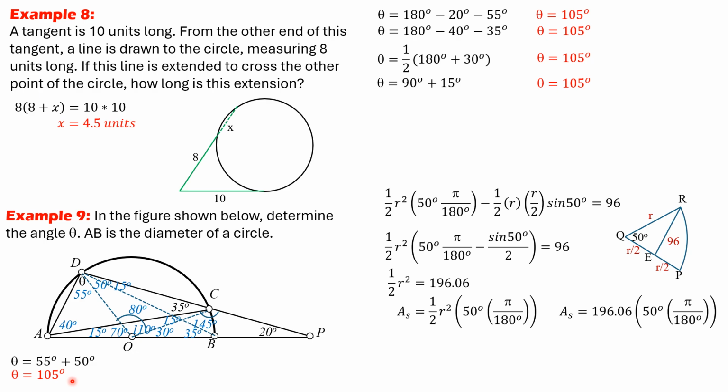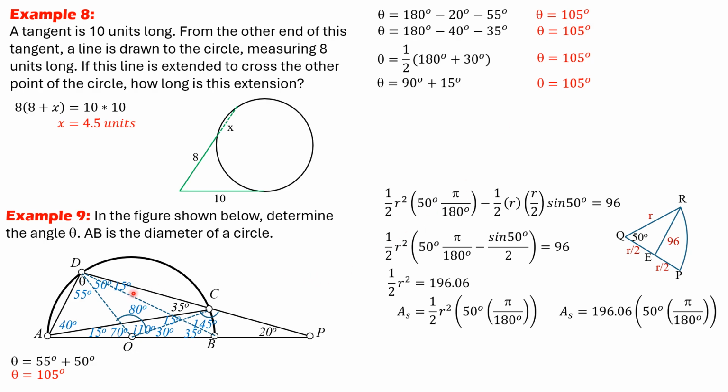For the second way, because this is also 55, considering triangle ADP, theta equals 180 degrees minus 20 degrees minus this angle, 40 plus 15, 55 degrees. So theta is 105 degrees.